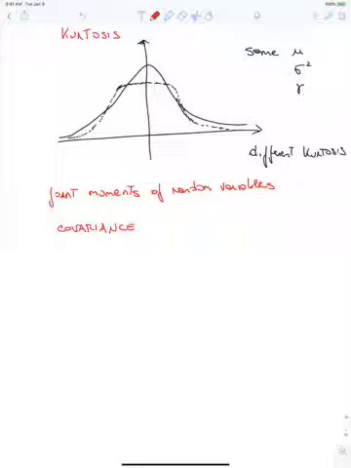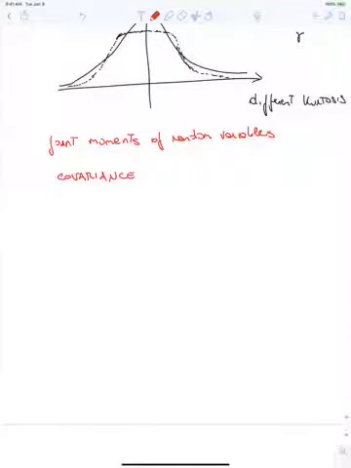So if we have multiple random variables, we would like to study the moments of one random variable, the moments of the other random variable, but we also would like to study some kind of statistical property that describes the relationship between the two. And this property here is the covariance.